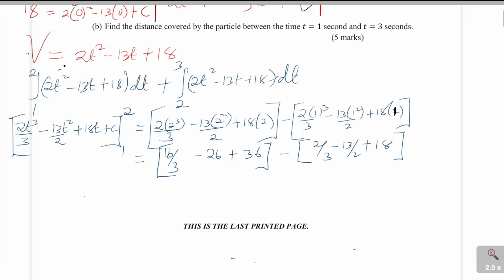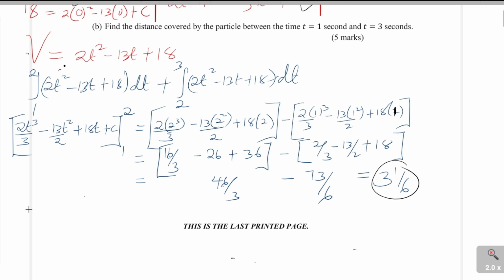The other one is 2/3 minus 13 over 2 plus 18, which gives 73 divided by 6. Subtracting, this one will give 3 and 1 sixth. So note that.